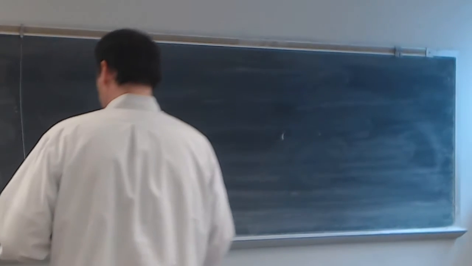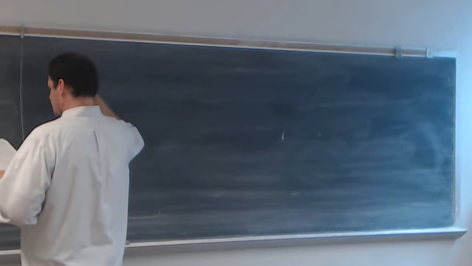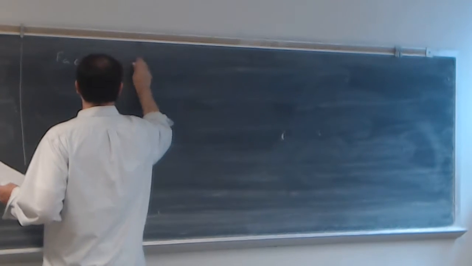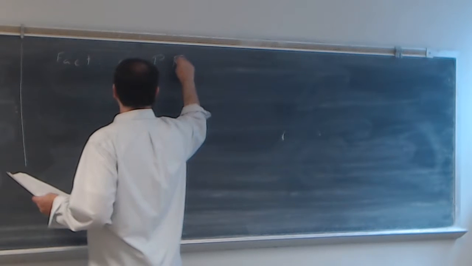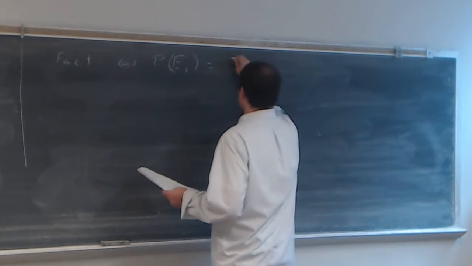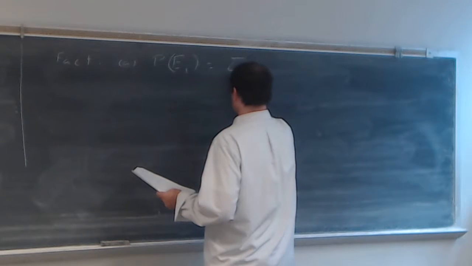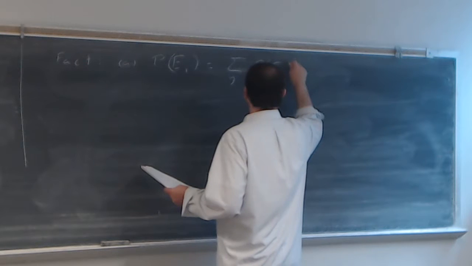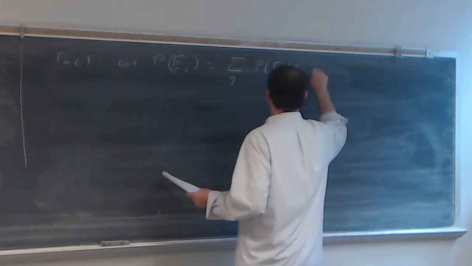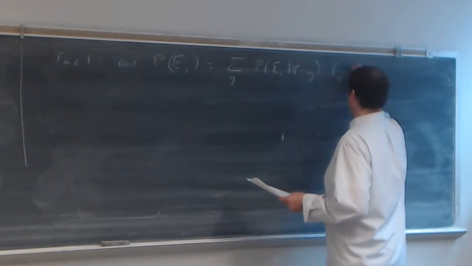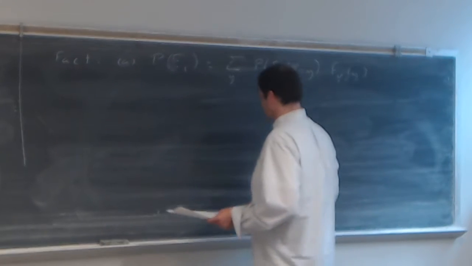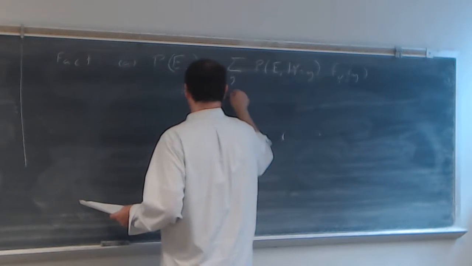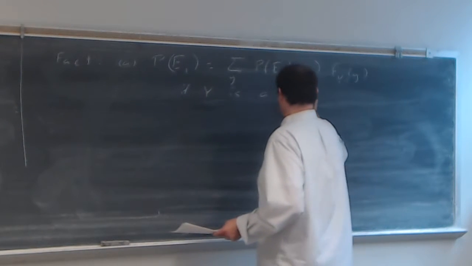Next, we want to have a fact in 2 parts. It says the following. This is part A. The probability of some event E sub 1 is equal to the sum over all y values of the probability of E sub 1 given Y equal to little y times f sub Y of little y, in this case a PMF, if Y is a discrete random variable.